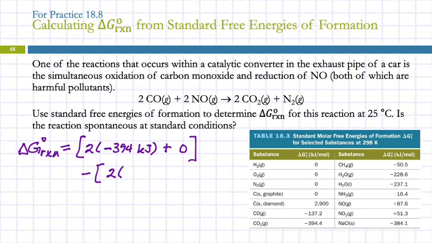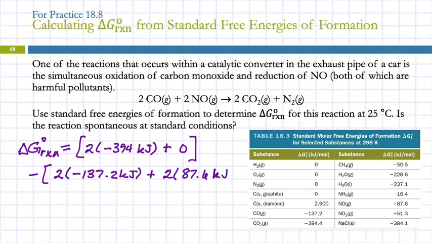2 times carbon monoxide, plus 2 times NO, 87.6 kilojoules. And the pluses here are just to point out, we didn't just forget the minus sign, it is actually positive.